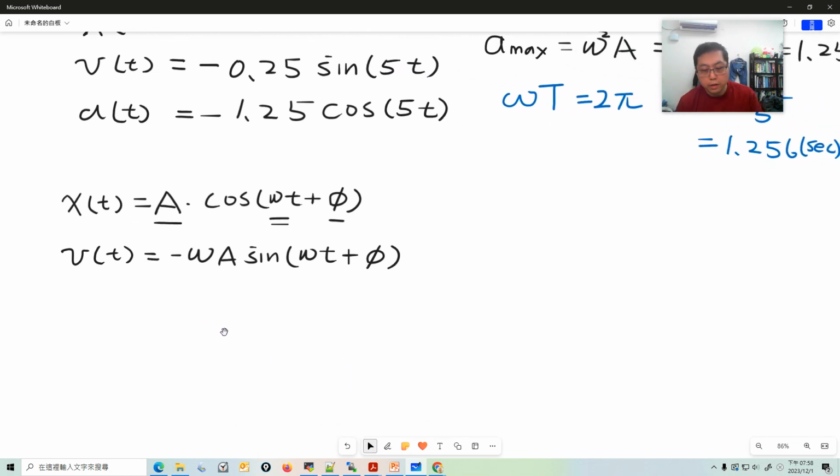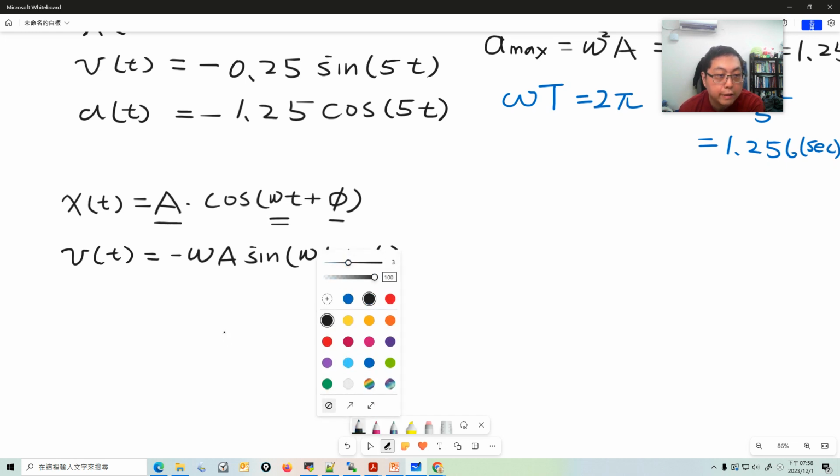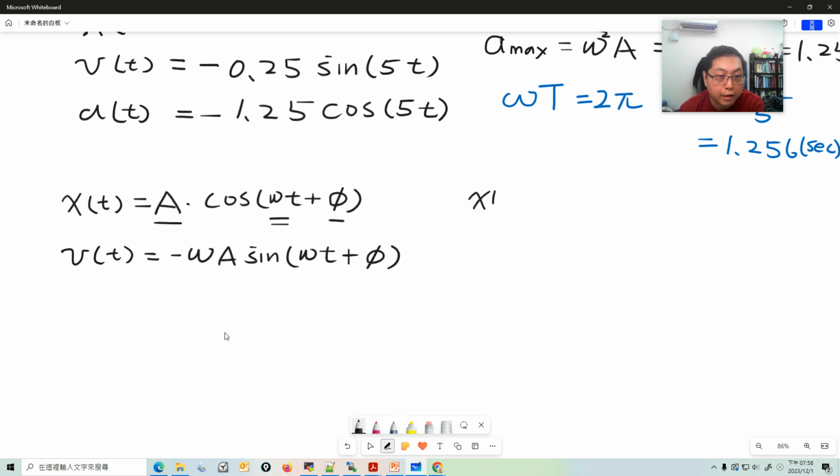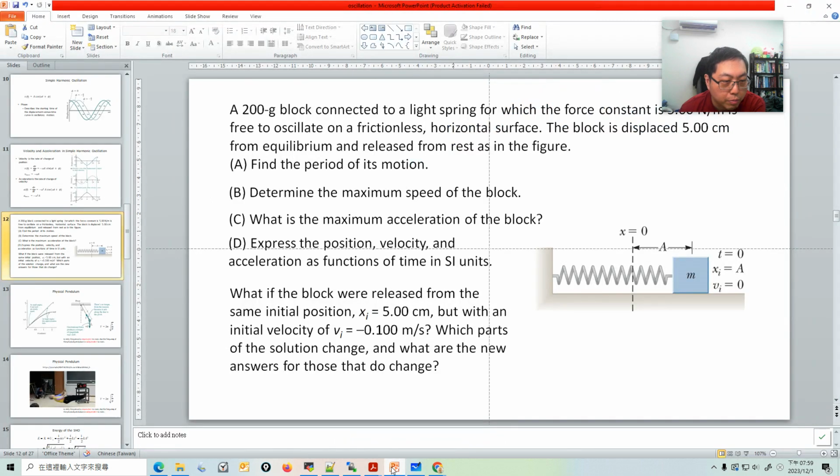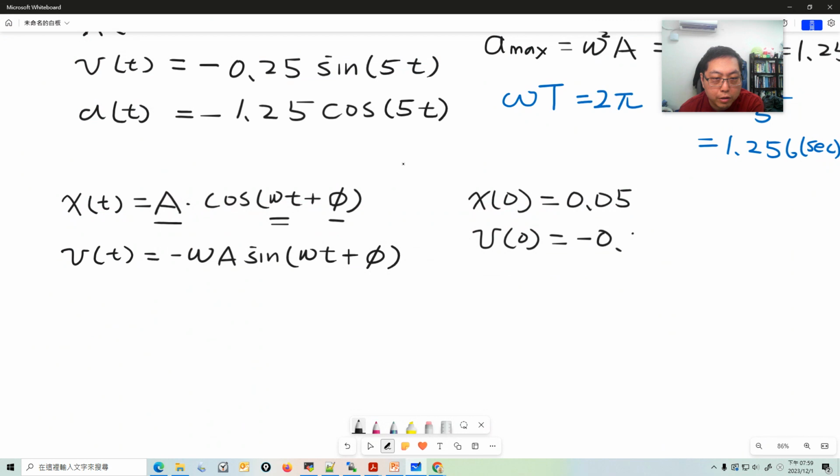So we change the initial condition. What's the new initial condition? x0 is still the same, 0.05. But the initial velocity changes and becomes minus 0.1.